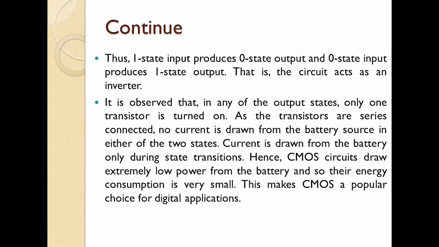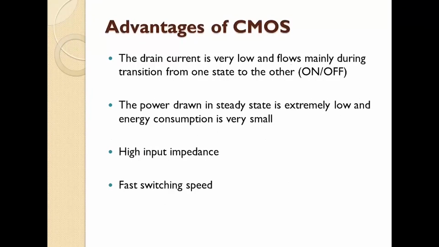Because of this, your CMOS is a popular choice for digital applications. Why are we using CMOS in digital applications? Because the energy consumption is very small and it has high input impedance. Clear? See the advantages of CMOS. The power drawn in steady state is extremely low.